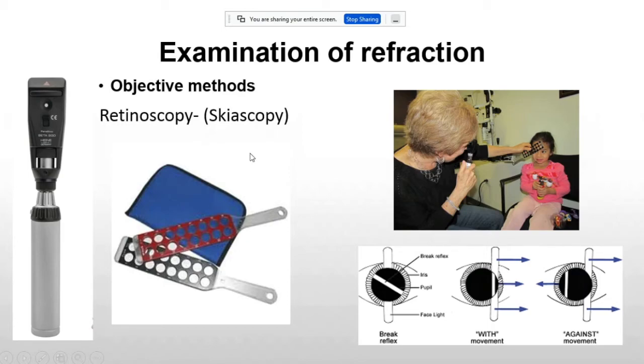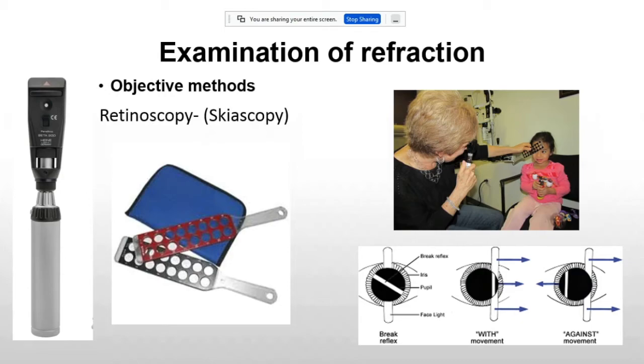After cycloplegia, after you paralyze the ciliary muscle, you have dilation of the pupil secondarily, because the sphincter pupillae is also paralyzed. And using this skiascope, when you bring light to the fundus, the reflected rays are red. We get the red reflex because of the vascularized choroid.